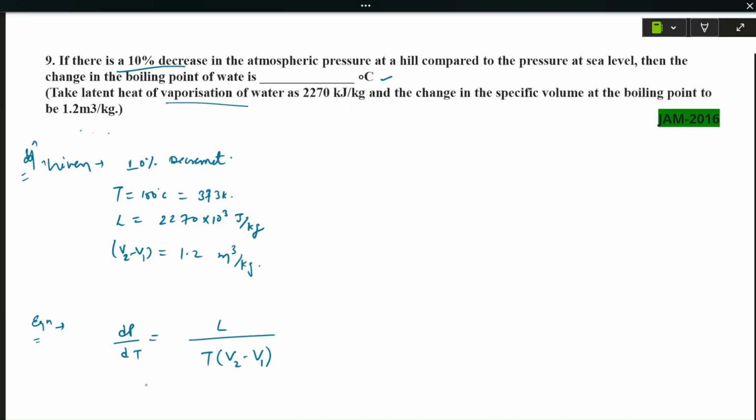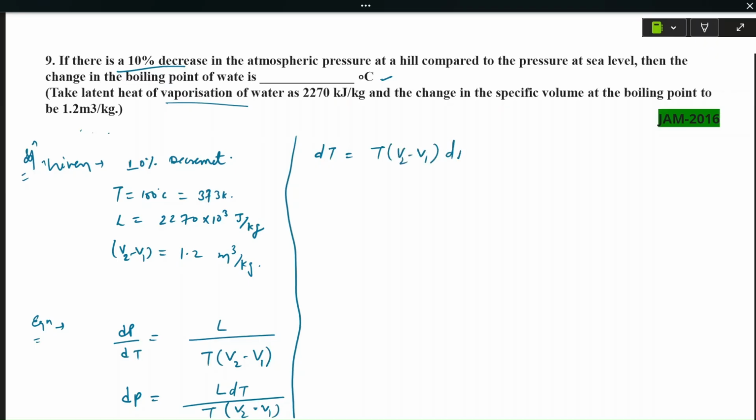So by this equation, we can manipulate that dP is equal to L dT over T (V2 minus V1), and we have to calculate the change in temperature. So dT को एक तरफ रखते हैं, बाकी टर्म्स को दूसरी तरफ भेज देते हैं. So dT equals T (V2 minus V1) dP over L.